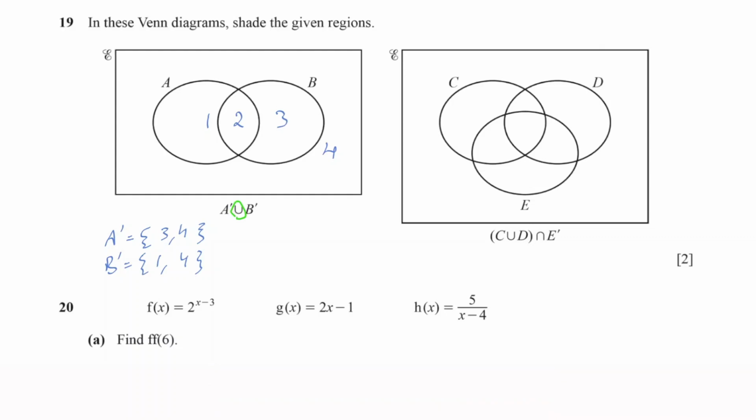So A dash is this one, B dash is this one. Union means all the values in both. So we need to shade 3, and we need to shade 4 once, because 4 is being repeated. So we need to shade all the region that is covered by A dash and B dash. So 1, 3, 4. If I want to shade 1, I'll be shading like this.